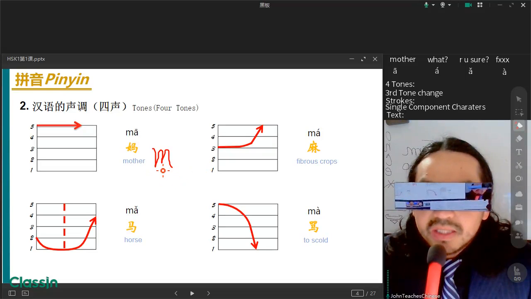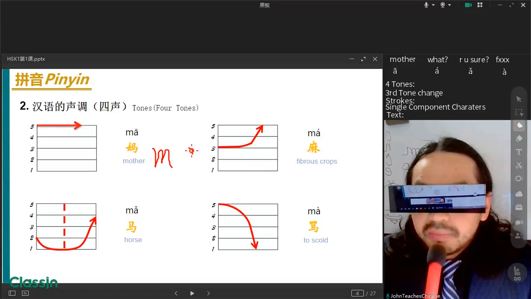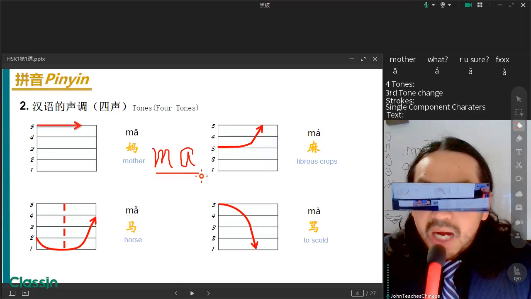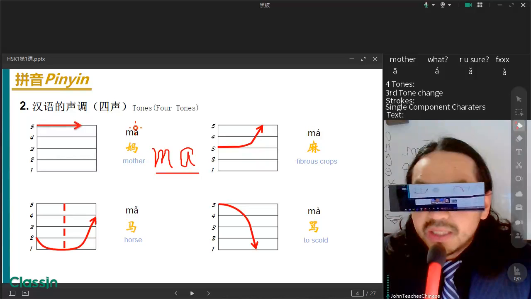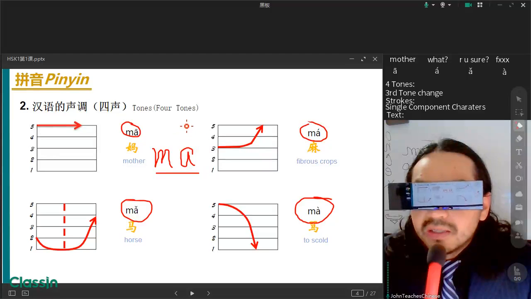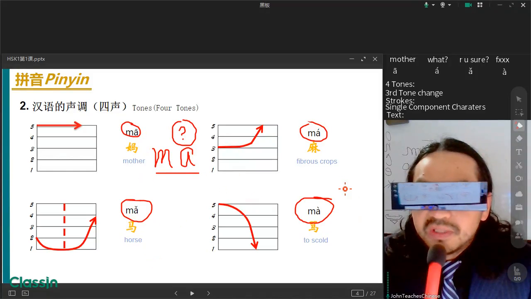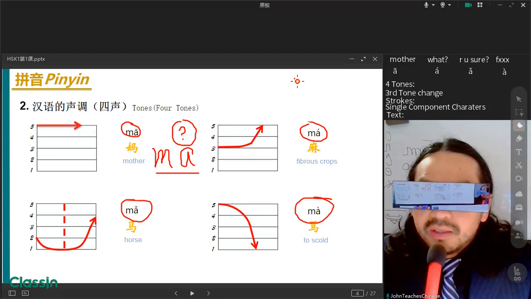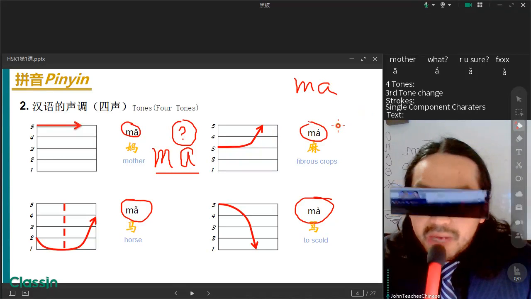Before we go on: m plus a gives ma. But as you can see here, on that a, there seem to be 4 different marks. It is easy, but a little difficult. First, I have to mention it is always read as ma.